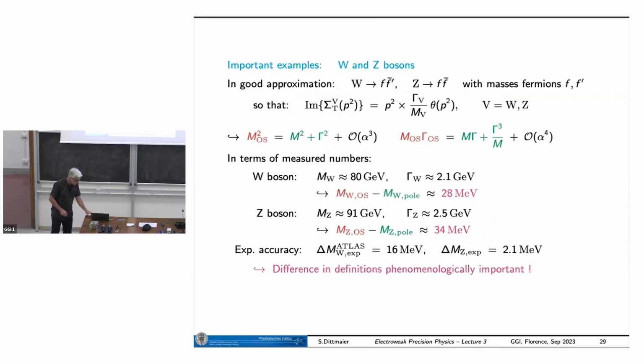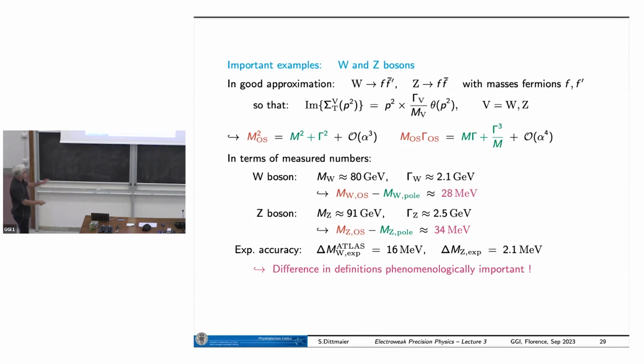And let's go one step further and also look into numbers. When you do the math with W and Z bosons, you can make use of, let's say, this simplified picture of the imaginary part of a gauge boson self-energy. If you ignore fermion masses, at least of the fermions that play a role in the decays, you get just a proportionality of the imaginary part with p squared, which simplifies a lot.